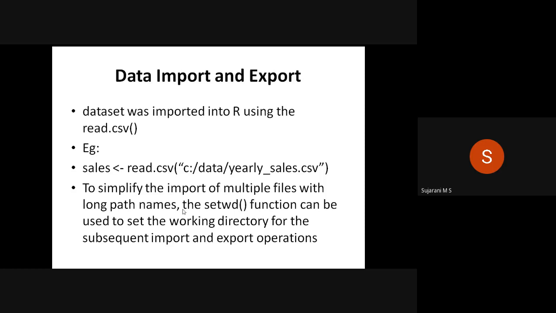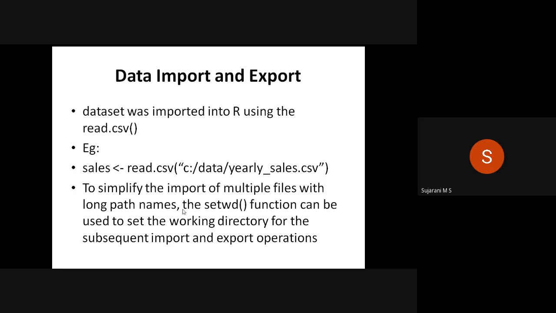Our data is stored in the CSV file named yearly_sales. That data can be imported and saved into the sales data frame. That is the use of this function. In this function, the entire path is included in the bracket.